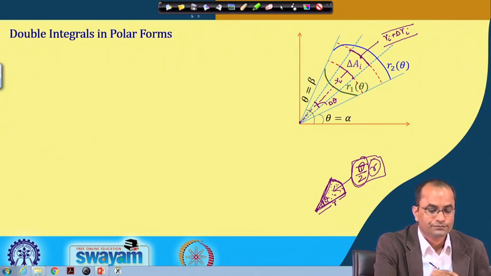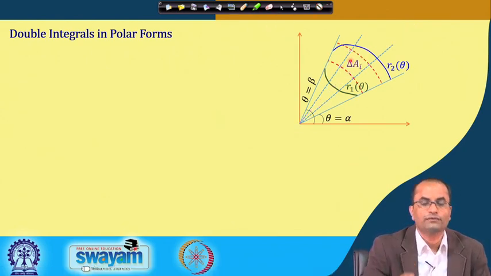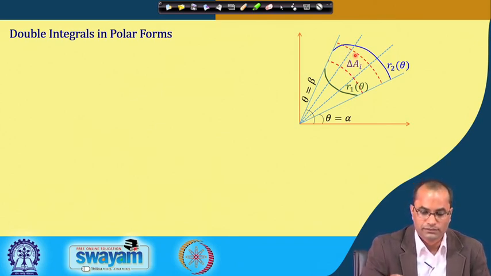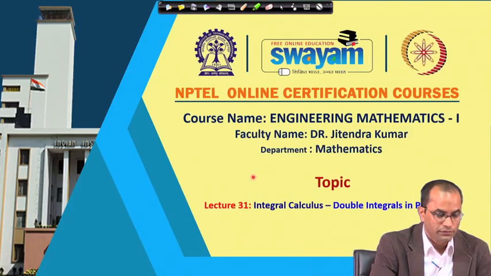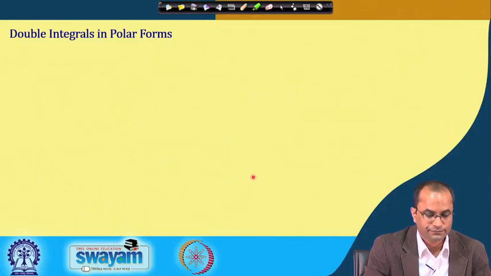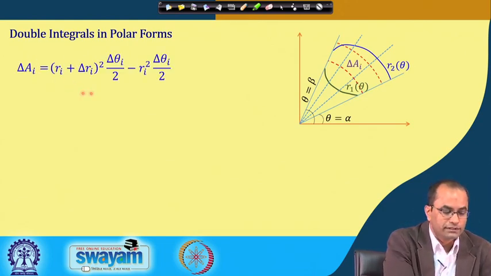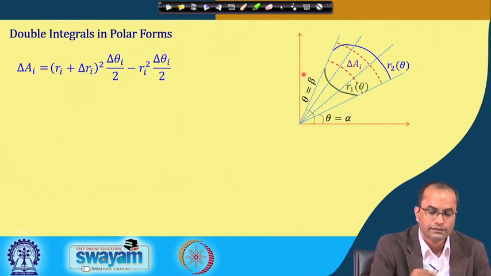So, let us try to compute the area of this small part of the domain, which is denoted by delta A I. It is given by the area of the larger region up to the radius r I plus delta r I, from which we subtract the inner one.